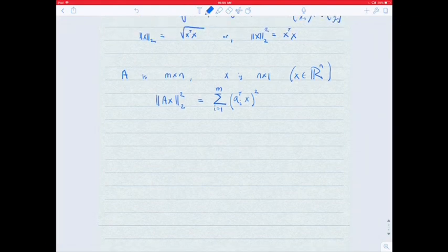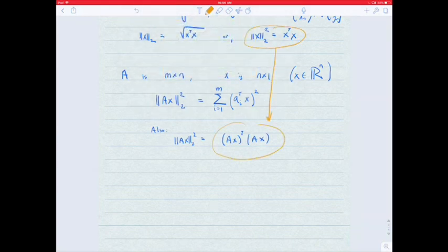The other possible way to write this is using this x transpose x notation. So we can also write this as norm of Ax squared is equal to (Ax) transpose times Ax. So this is using exactly this correspondence here.